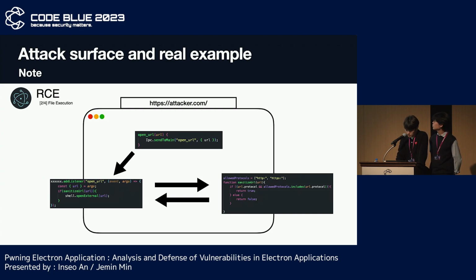At first glance, it may seem like safe code, but there's a vulnerability. The context isolation option of this app is set to false. Because this option is false, prototype pollution is possible and sanitization logic can be bypassed.